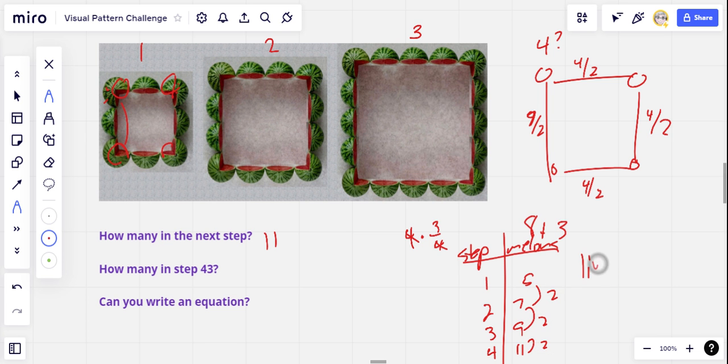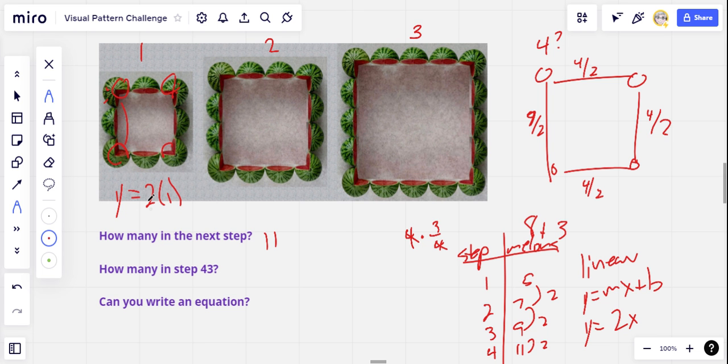That means this is a linear pattern, and we can use this equation for a line, y equals mx plus b, to model that. Our difference between each step is the slope of that line, so we put that in for m. So y equals 2x. And then we're going to add something to make it work out with the numbers here. In step 1, we said we have 5 melons. If we just use y equals 2x, we'd put in 1 for the step number, y equals 2 times 1.